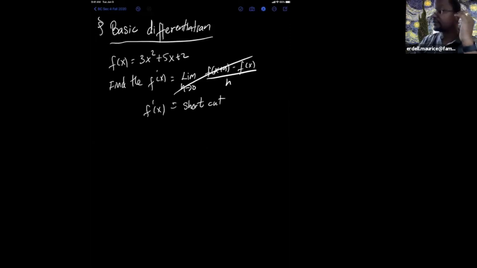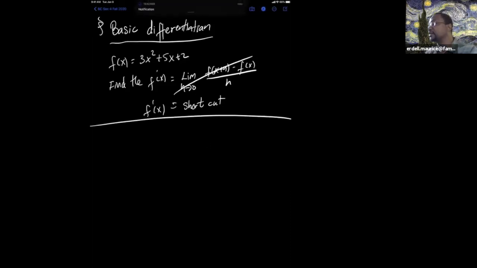So instead of doing the 4 steps, find f of x plus h, find f of x, subtract the 2 answers, divide by h, and then take the limit as h goes to 0, when we say differentiate, all we're saying is simply use a shortcut to get to the answer. So today, what we'll be looking at are the rules for the shortcut, or how to apply that shortcut to get ourselves to our answer.